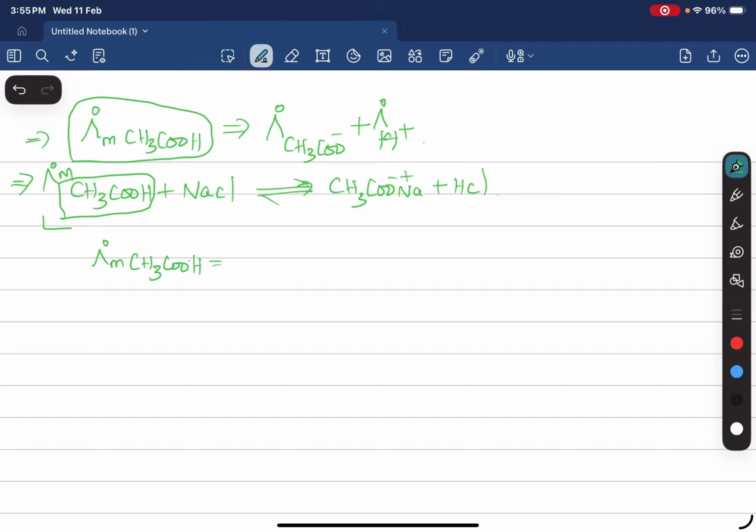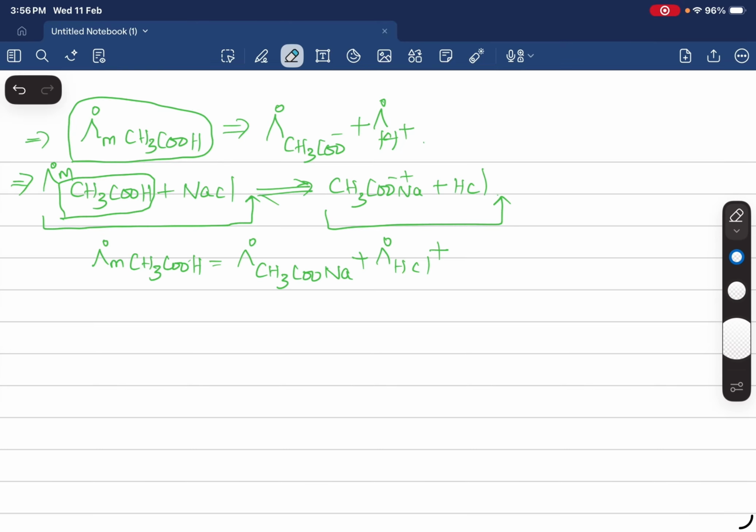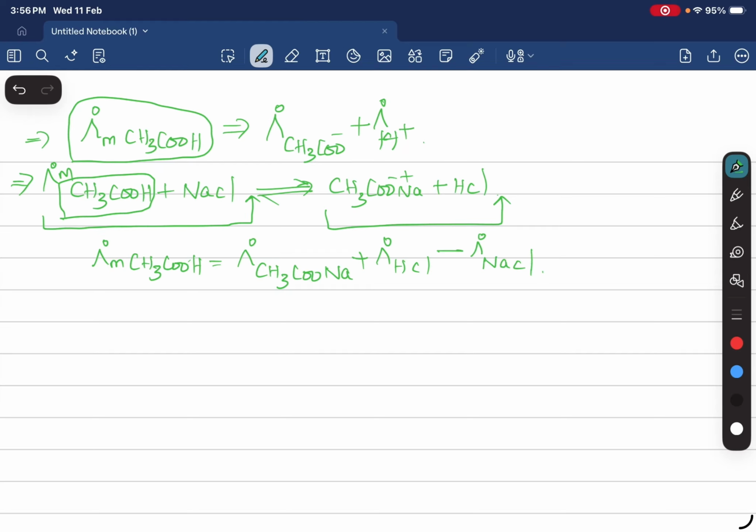The lambda m naught value of the reactant sum equals the lambda m naught value of the product sum. So we can write lambda naught of CH3COONa plus lambda naught of HCl minus lambda naught of NaCl. This is how we can calculate the lambda m naught of a weak electrolyte. Whatever they give, you just have to make the equation and write it.